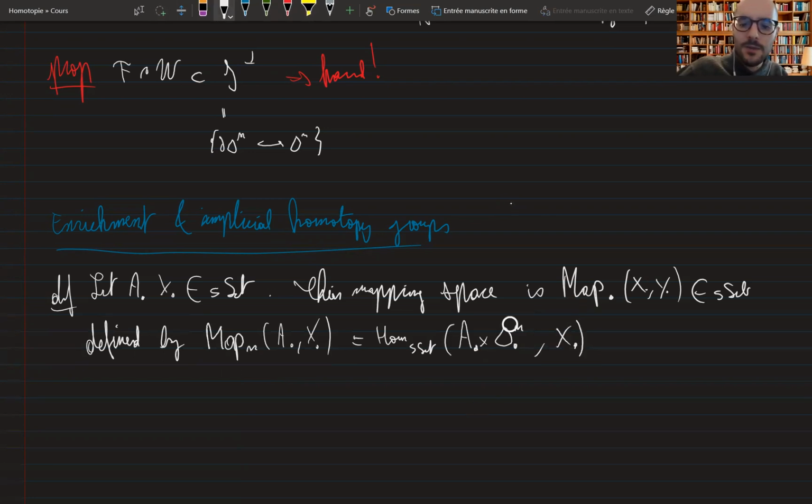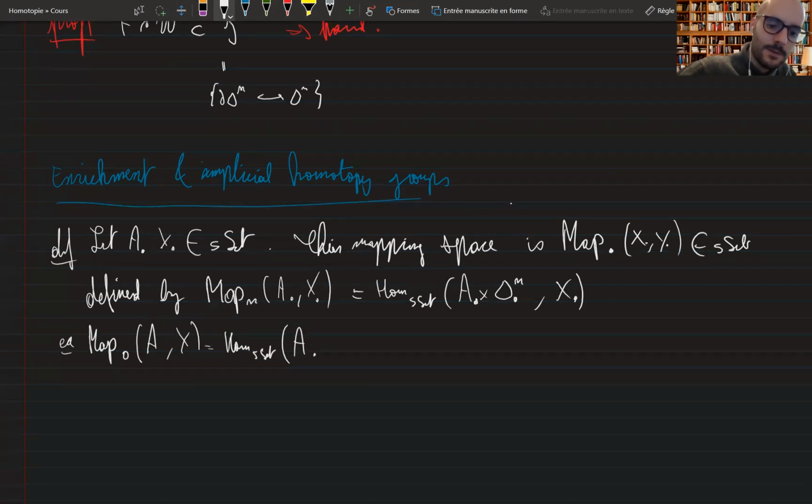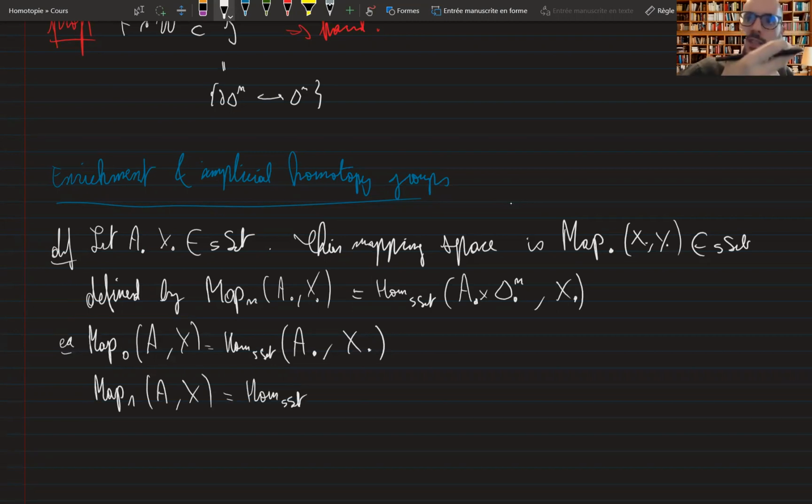And you look at all simplicial maps from this simplicial set into X. So for example, map 0 from A to X is simply the simplicial maps between A and X. Map 1: the edges of our simplicial set are the maps from A cross delta 1 into X, and so on.